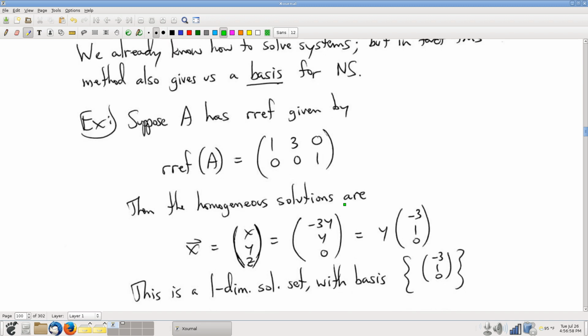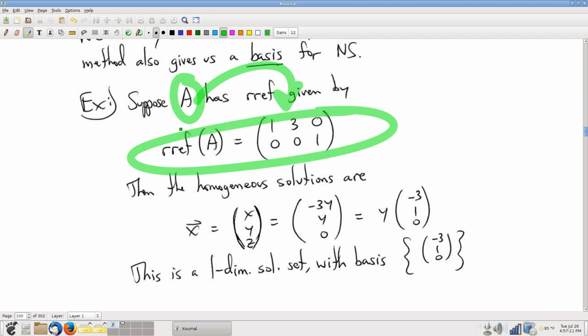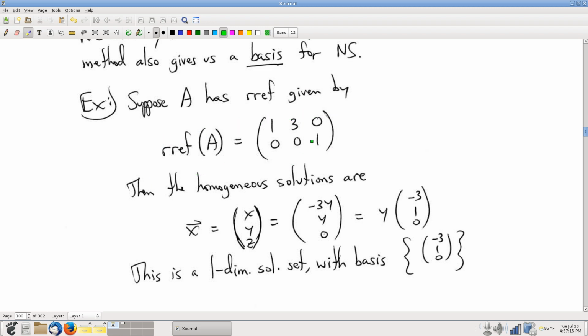So an easy, quick example of this is to consider a matrix A, and I'm going to presume that we already have it reduced down into reduced row echelon form. Of course, that's just a row reduction, and let's suppose that the reduced row echelon form is this. So we solve for the pivot variables in terms of the free variables, and that gives us this. And this is where we stopped in chapter 1.